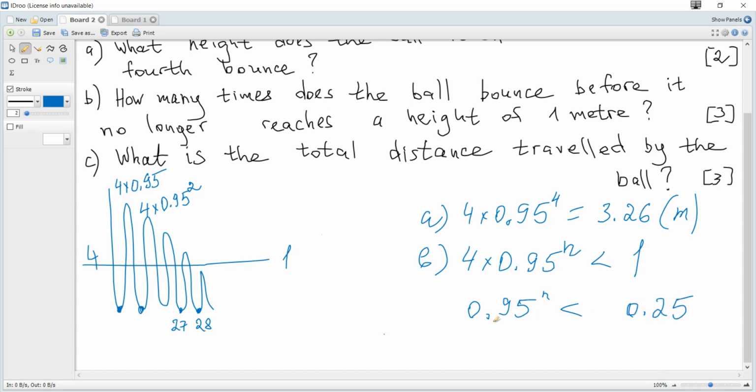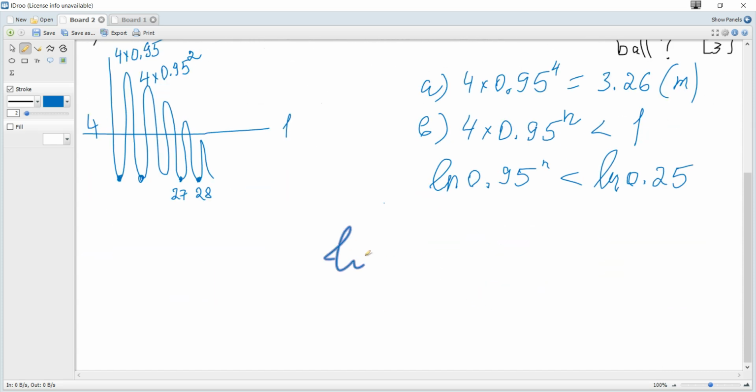Then applying ln on both sides. In general, it may be log to any base, it doesn't matter. Applying ln, and using that log to the base a of b to the power of m is m log to the base a of b.